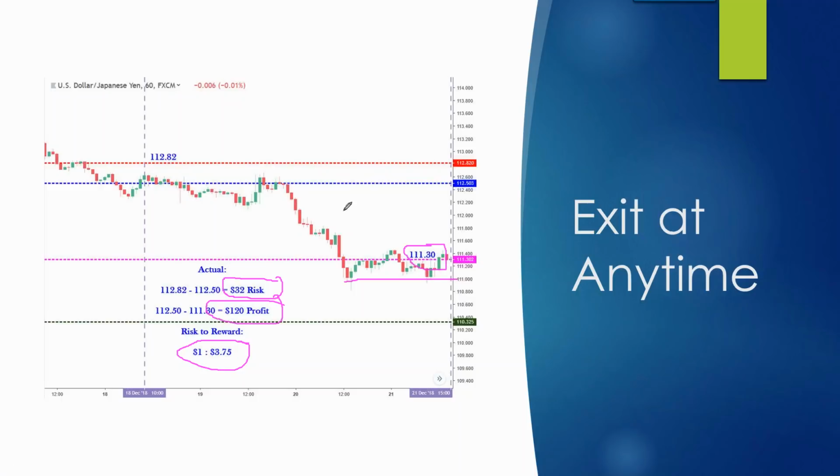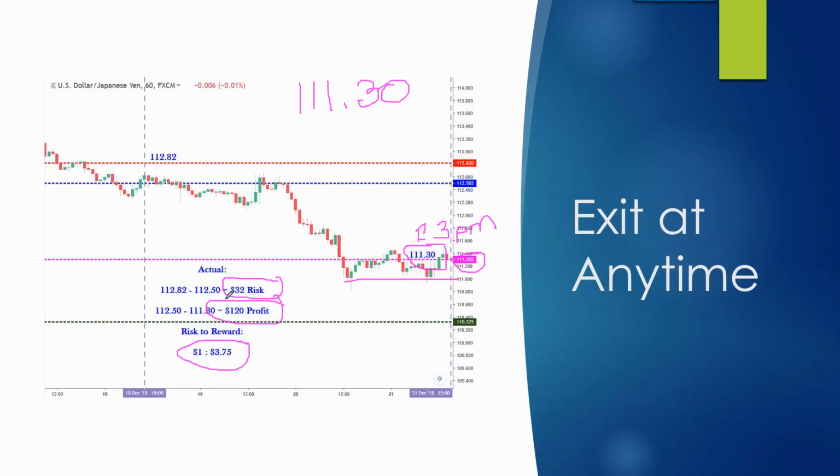But let's say that this was Friday and that the indicative was at 111.30. Okay. If this was Friday, at 3 p.m., then it's going to be 111.30.